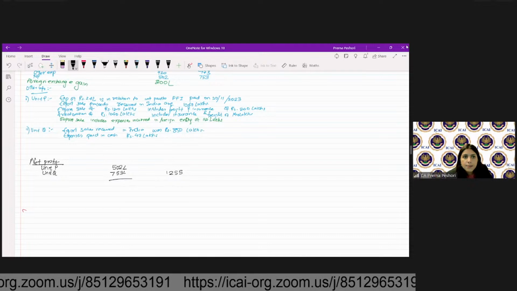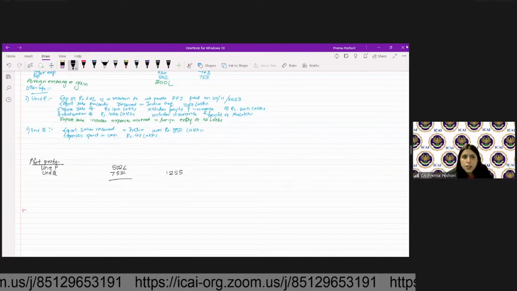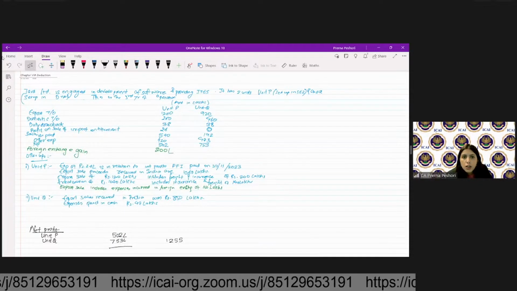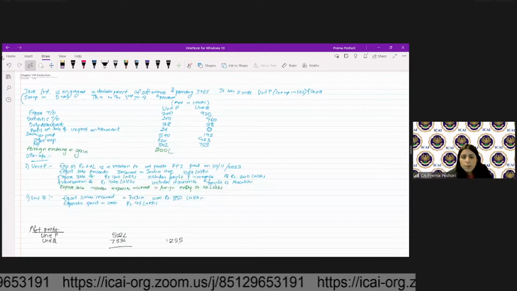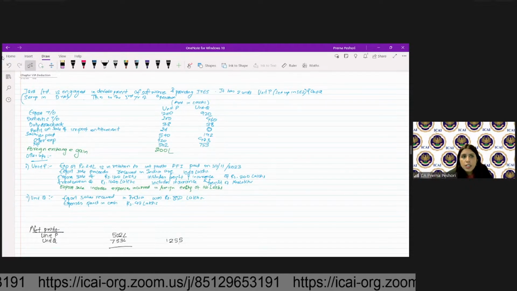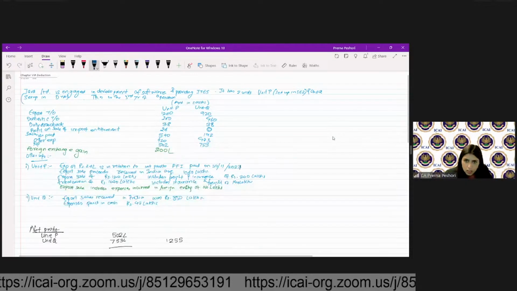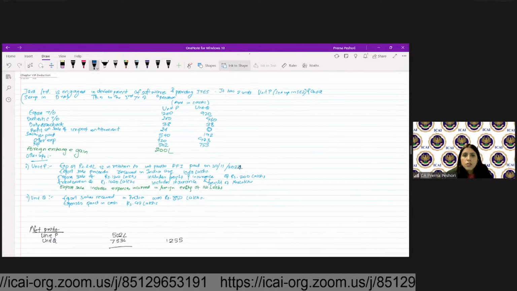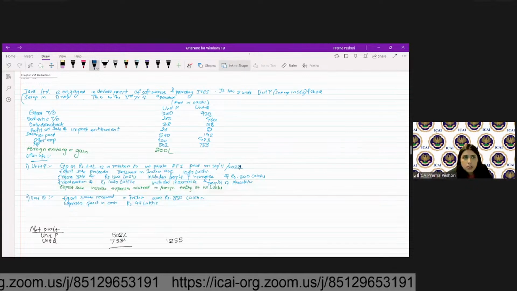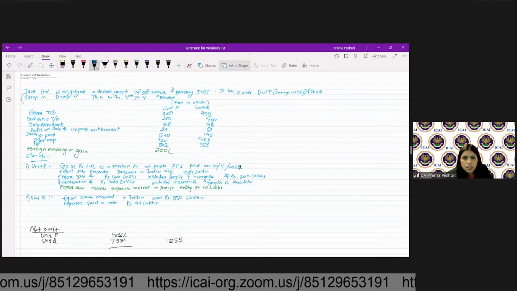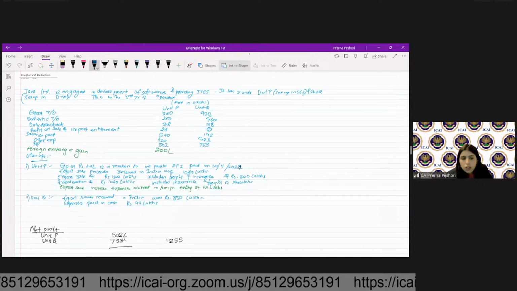For unit P, expenditure of rupees 24 lakh is in relation to the interest paid on 30th November 2024.